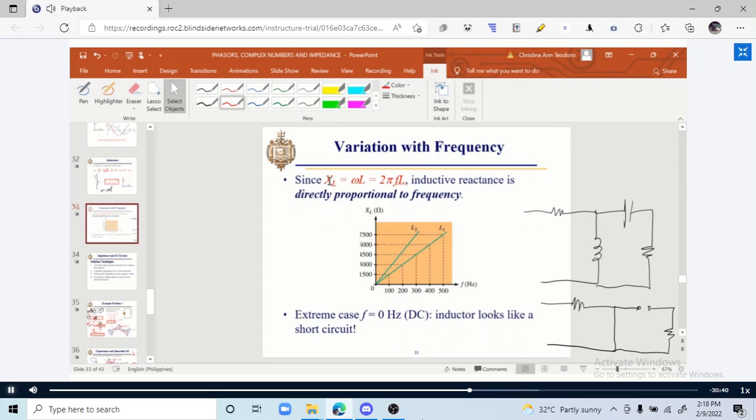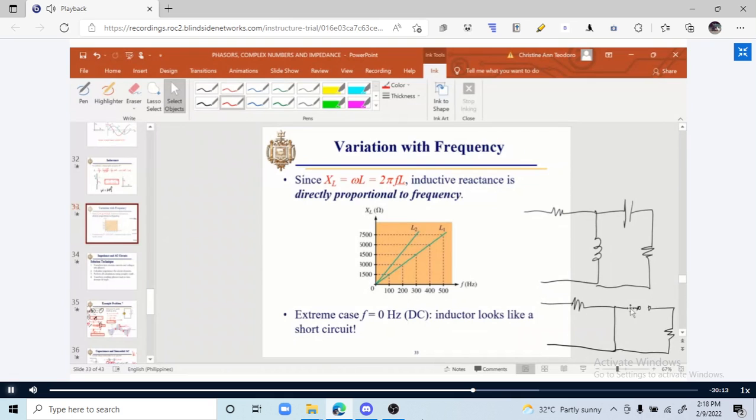It means that in extreme cases, wherein your frequency is equal to 0, your setup will be on a DC setup, and your inductor will look like a short circuit. So if we have this circuit and you are already on a DC setup, from AC setup you will be on a DC setup, your inductor will be shorted.